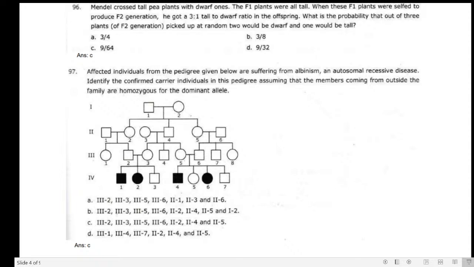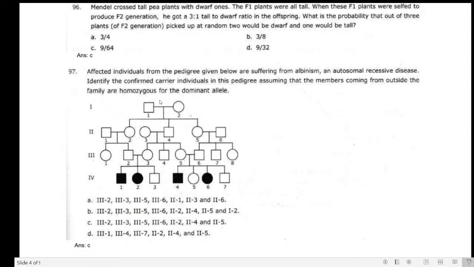This is the probability calculation. So in the first step they mention he got only 1 dwarf. Then he wants to do multiple experiments, multiple generations. So that calculation gives 9/64.